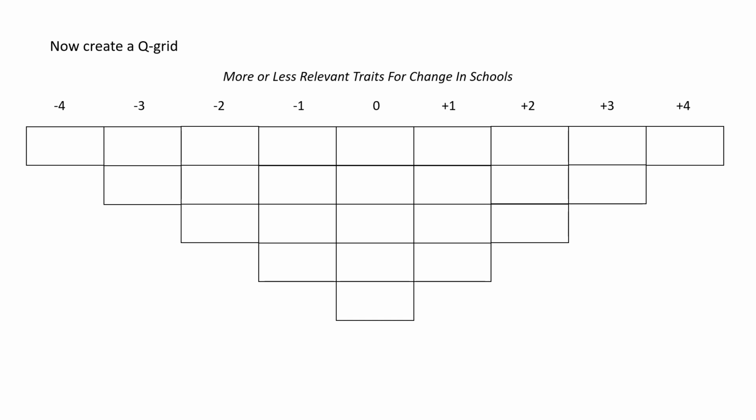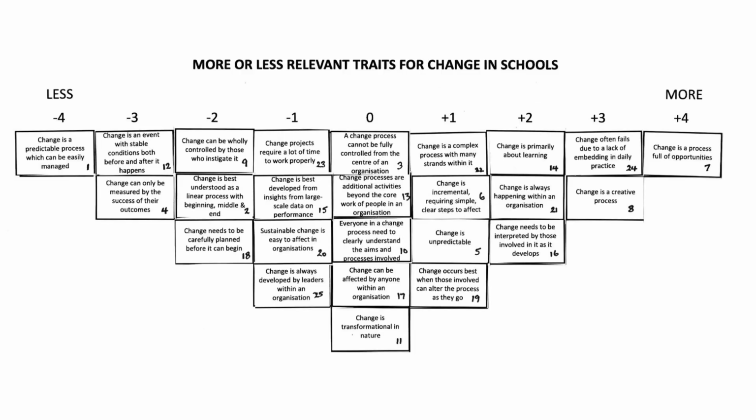Now, once you've created your Q grid, what you then do is you give each individual an empty grid and all of the statements, and this is a completed grid for the work that we've done.